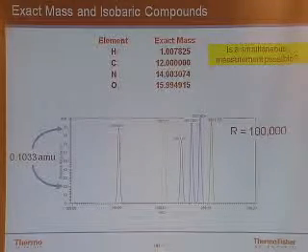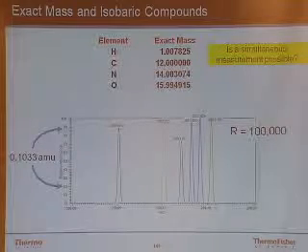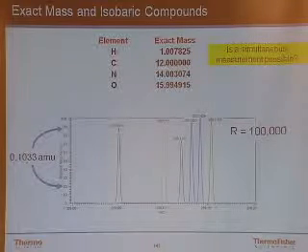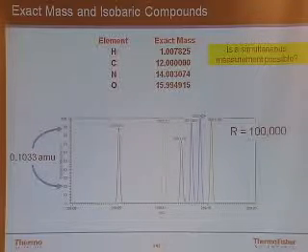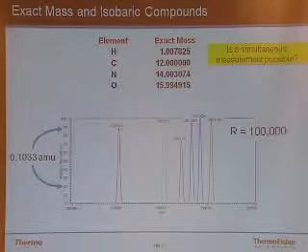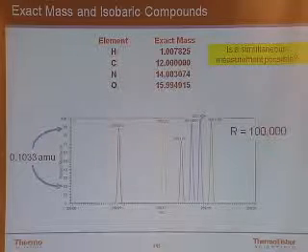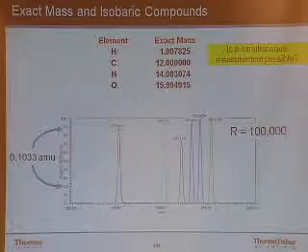That means that I have an error in measuring that molecular weight of 0.05 millimass units. That's 0.1 part per million. That's absolutely unbelievable. That's 0.1 part per million mass accuracy.